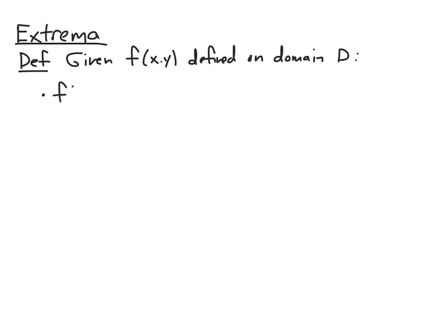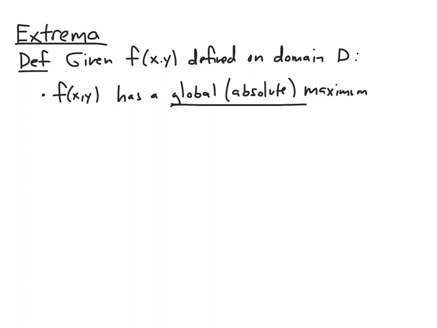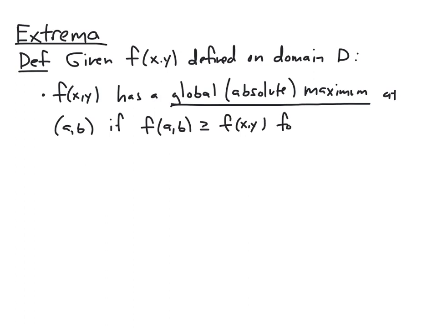So in that case, we're going to say that f of x, y, this function, has a global, or sometimes called absolute, maximum at a point (a, b), if f of a, b is greater than or equal to f of x, y for all points (x, y) in domain D.